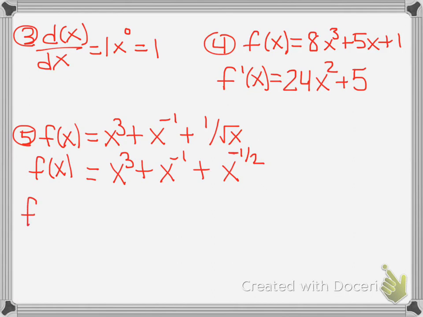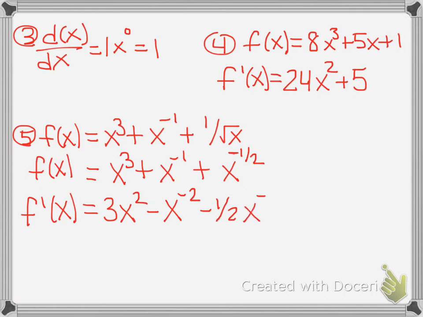Now let's take the derivative, f prime of x. x cubed gives us 3x squared. Bring down the negative 1, subtract 1. Bring down the negative 1/2, subtract 1, that becomes negative 3/2.